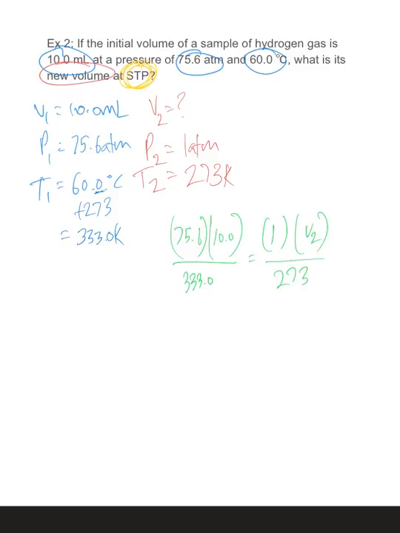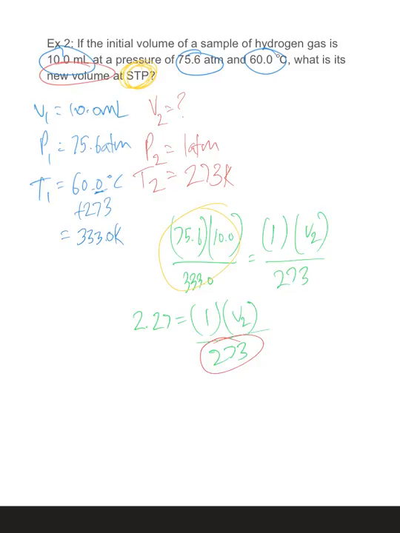And that's where our STP comes into play. Now, once again, I'm going to simplify this left side of the equation. And when I do that, I am going to get 2.27. So 2.27 equals 1 times V2 all over 273. Next, I'm going to get 273 out of the denominator, and the way I do that is by multiplying both sides by 273.